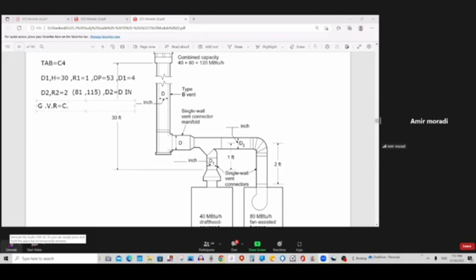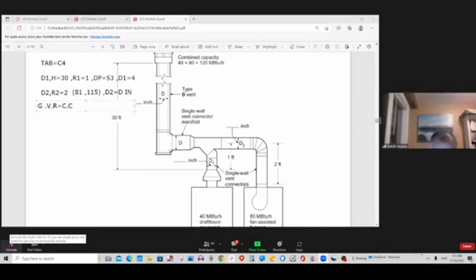Okay, so just a second, sir. So we said if we have here a manifold connector, how much is it going to be?